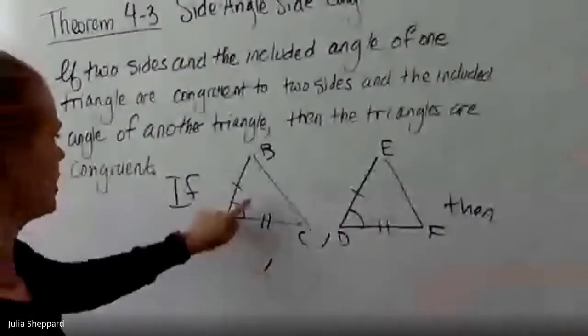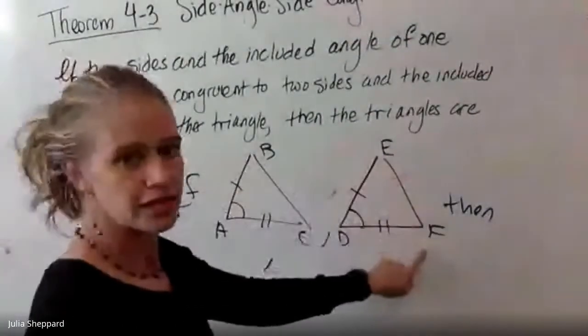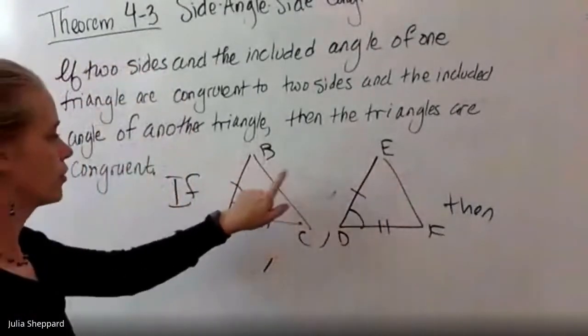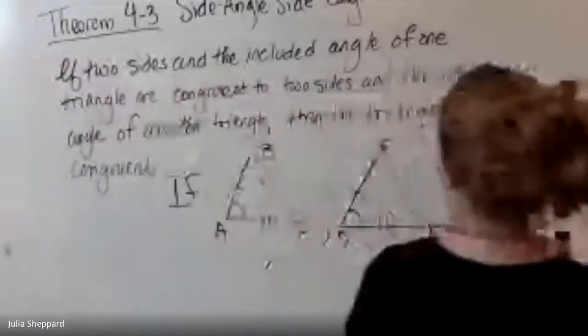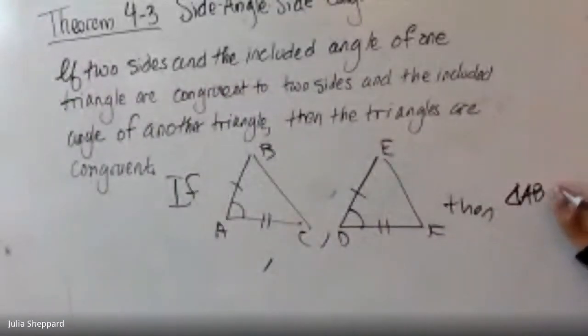If triangles ABC and DEF look like this, and they have two sides that are congruent, and the angles in between that are congruent, then triangle ABC is congruent to triangle DEF.